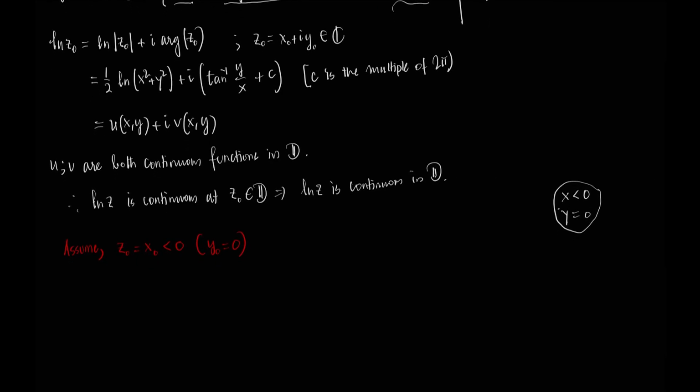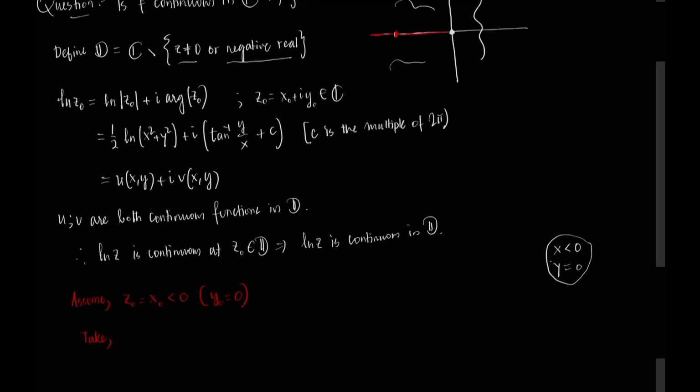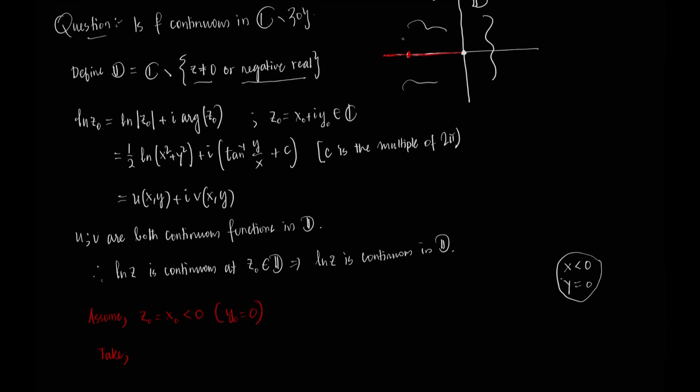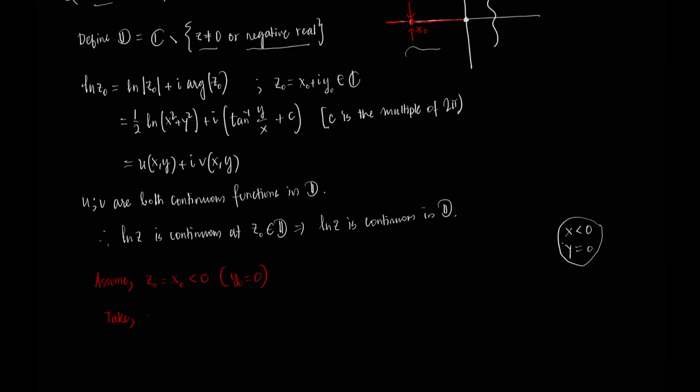Now we will take two sequences. One sequence will go like this towards this point, x naught, and the other sequence will go like this towards this point. Clear? So take Zn, two sequences.